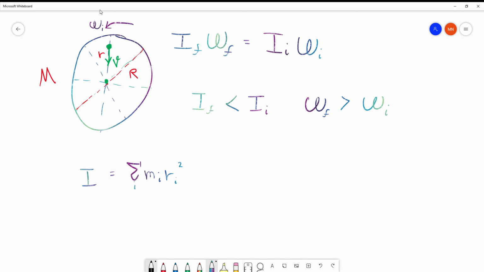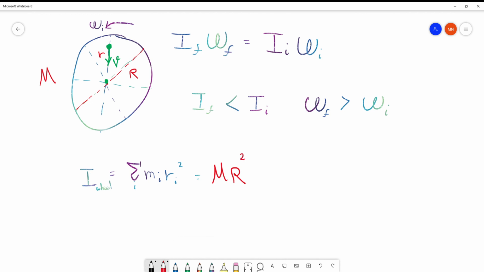For the wheel, this is a pretty simple process. It's all the mass distributed exactly a distance capital R away. So I wheel is mass capital M, all of it a radius capital R away, which simplifies to just M R squared.